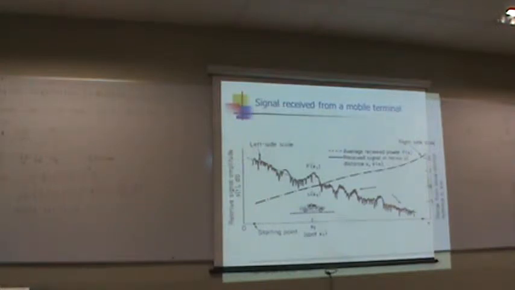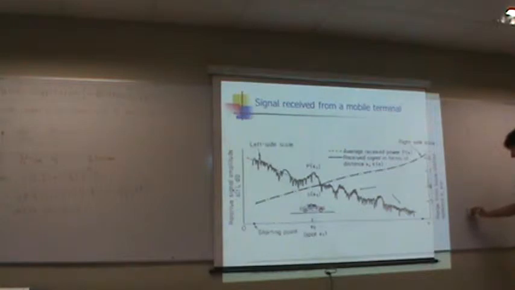This value will be indicated as delta dc, that is the coherence distance. This point is called coherence distance.